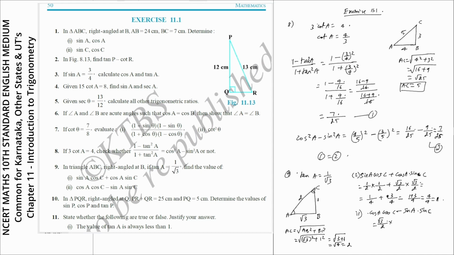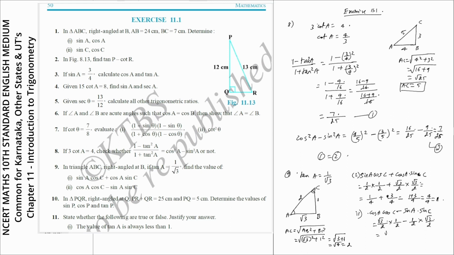Then cos C with respect to angle C is adjacent by hypotenuse, that is 1 by 2, minus sin A, opposite side is CB, that is 1 by 2, and sin C with respect to angle C is opposite by hypotenuse, that is root 3 by 2.